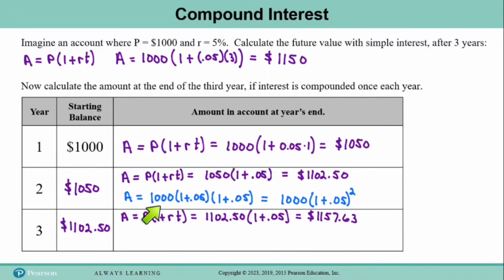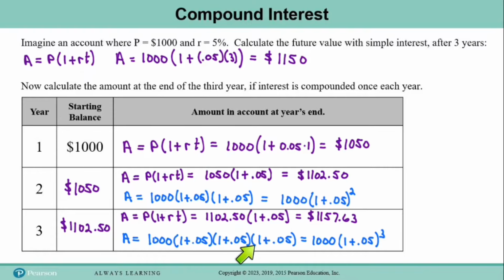So I'm going to write 1,000 times 1 plus 0.05 times 1 plus 0.05, and that represents this amount. And then we had another 1 plus 0.05 factor that we multiplied in there to get our final amount. Now, what's a better way to write this? It would be 1,000 times 1 plus 0.05 to the third power, because we have 3 of these factors here.